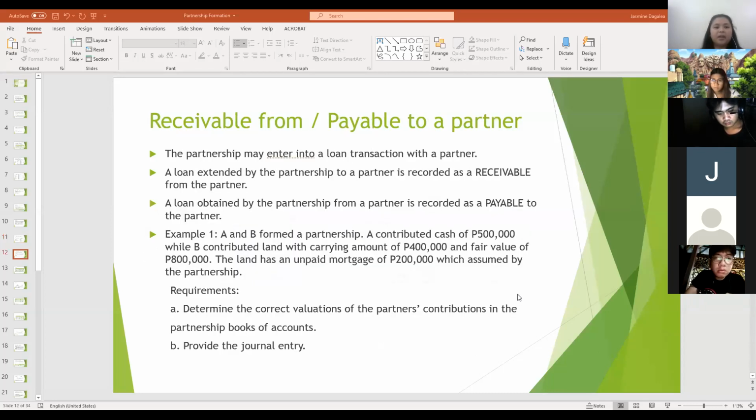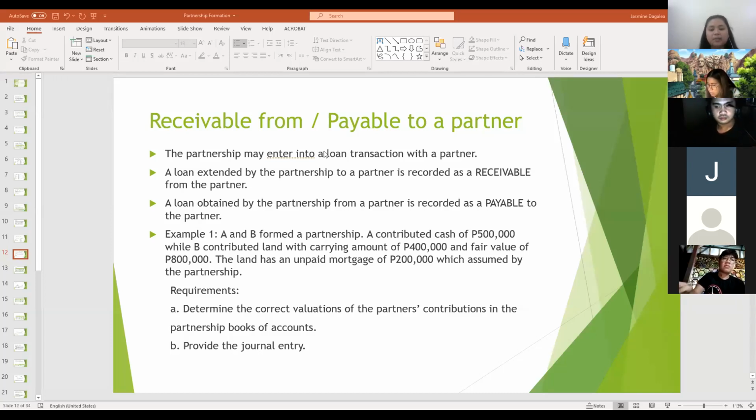Then you also have receivable from or payable to a partner. So magkakaroon din kayo ng account na to in the partnership. So the partnership may enter into a loan transaction with the partner. A loan pag ayaw ng partner na i-invest niya na lang yung binigay niya sa partnership. Gusto niya loan.